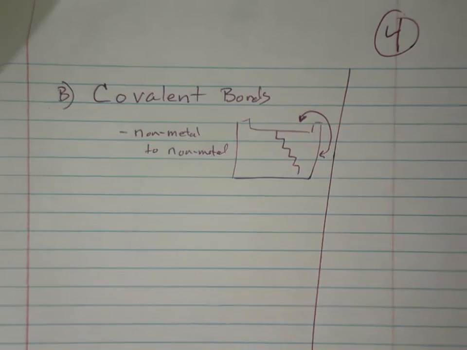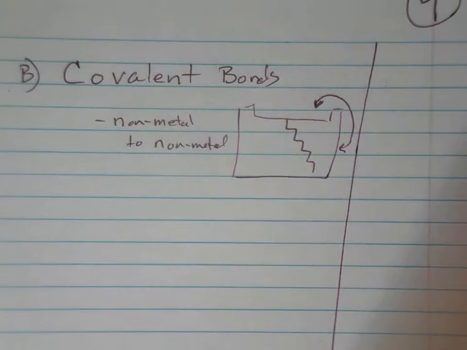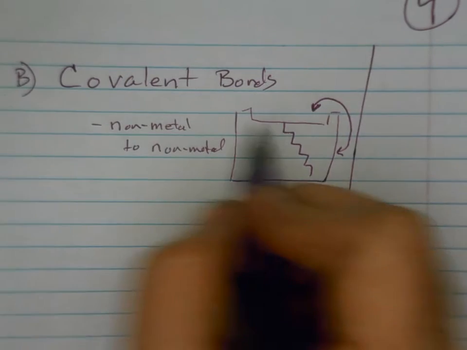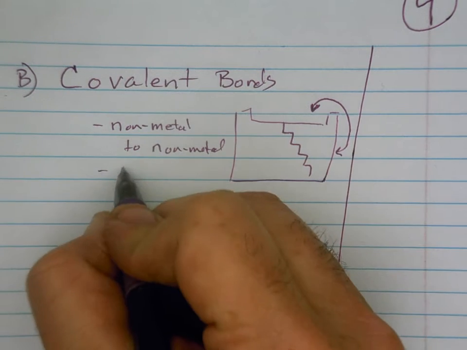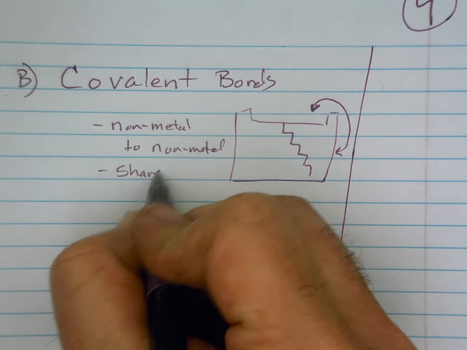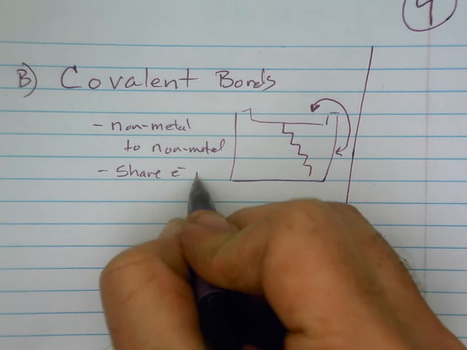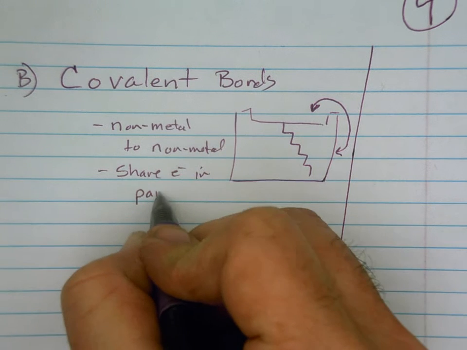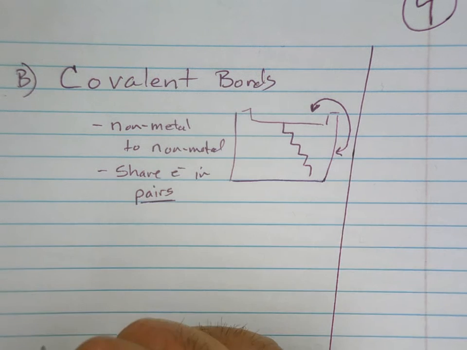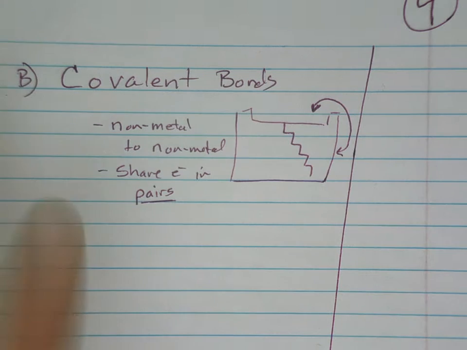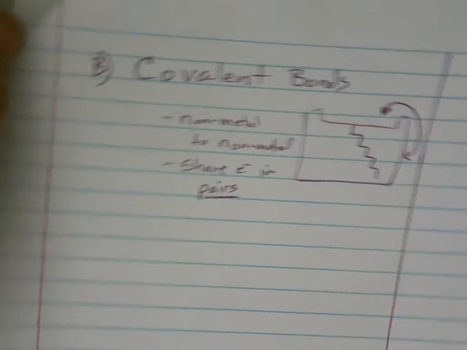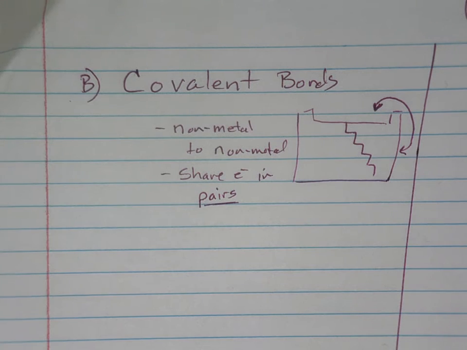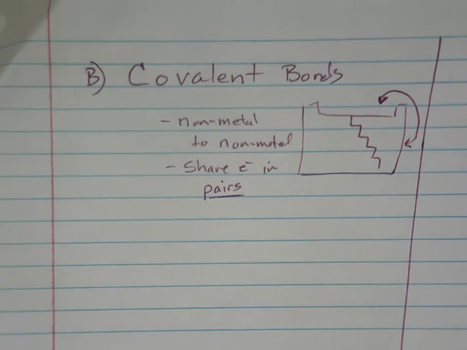And then the other that I had you do in starters last week and we began with is that when nonmetals bond to each other, they share electrons in pairs. They share pairs of electrons. And that kind of distinguishes them from the metallic bonds when we get into that. So let's just get right into this.